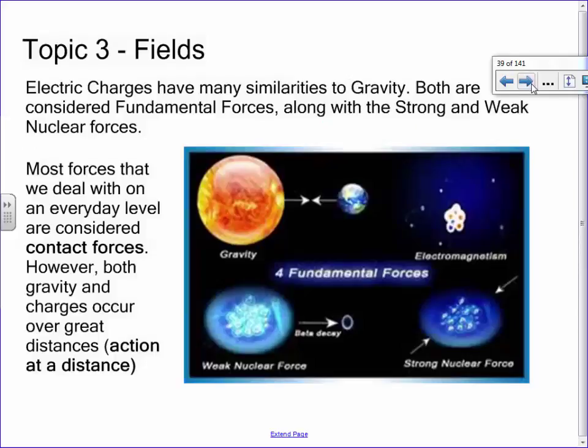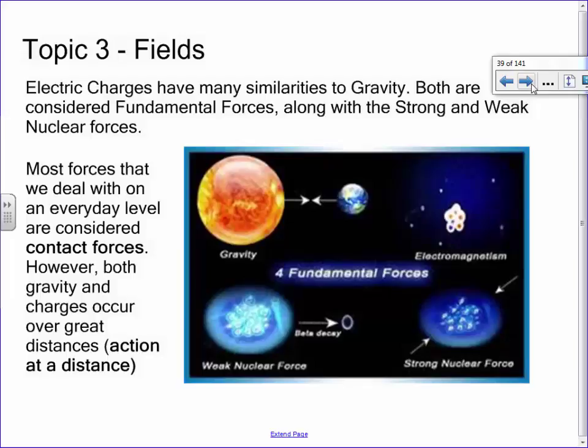And then the last topic we talked about before our break was fields. Fields are really described as a way to understand this action at a distance. I can understand the force of me throwing this pen if I literally threw it. That's very intuitive. It's an applied force. If I pull it back, I understand that force there, right? But why did that happen?